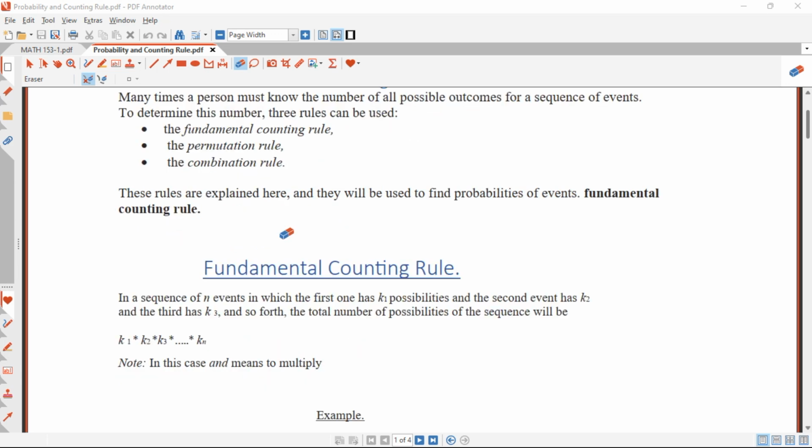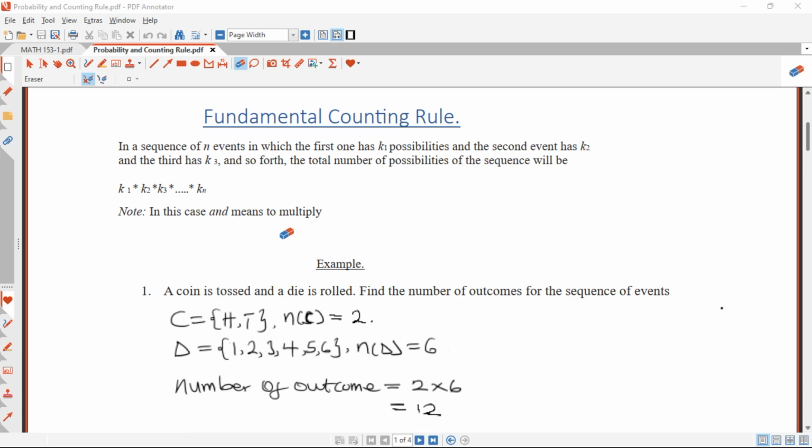I'm going to take them one by one so that we can really understand them very well. So let's tackle the fundamental counting rule. The fundamental counting rule states that, assuming there are n observations, and out of them we have k1 possibilities, k2 possibilities, k3 possibilities, and so forth, the total number of possibilities of the sequence is k1 times k2 times k3 times up to kn.